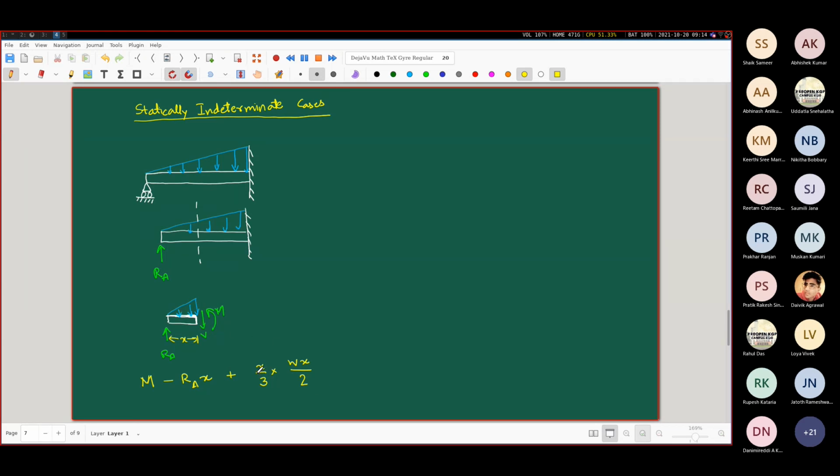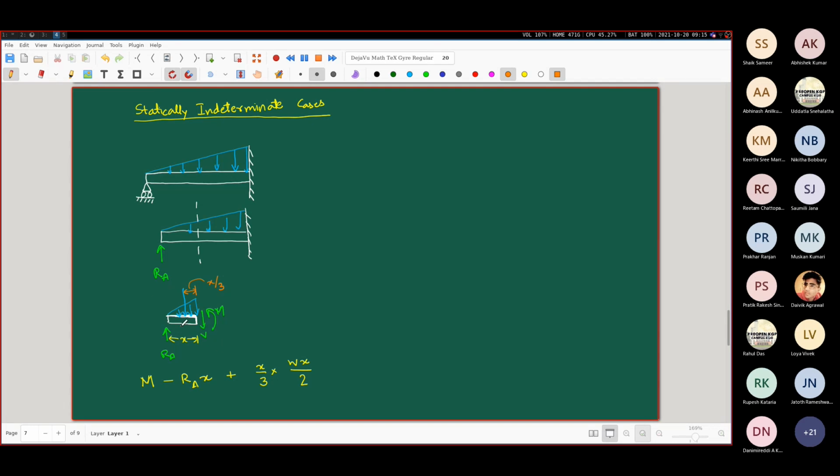This x by 3, remember what we did back when doing those problems in the shear force and bending moment. Okay, so for the benefit of the others who may be wondering what this x by 3 is, what we are doing is we are replacing this distributed load through this equivalent force, understanding that the location of this equivalent force will be x by 3.